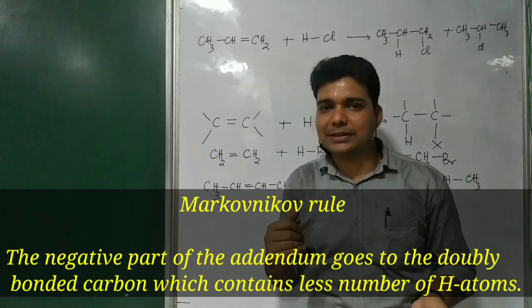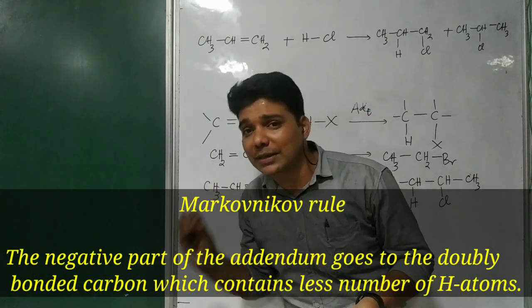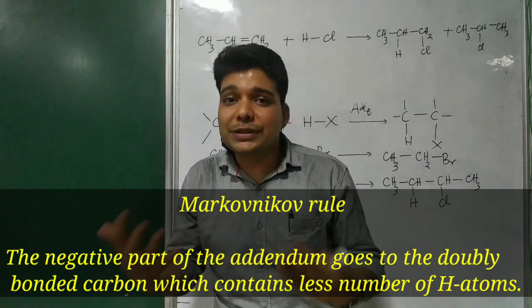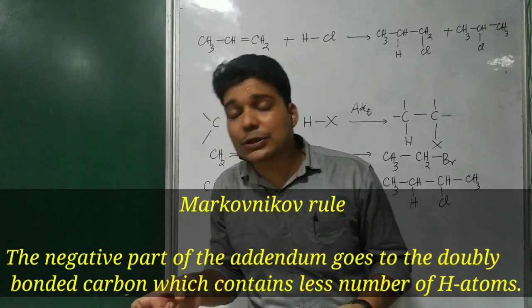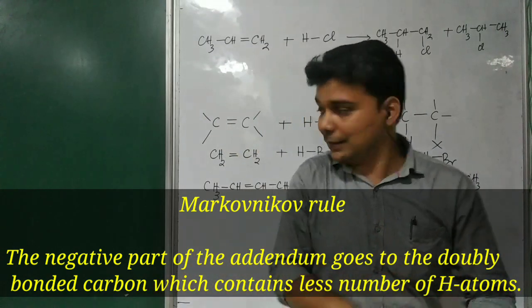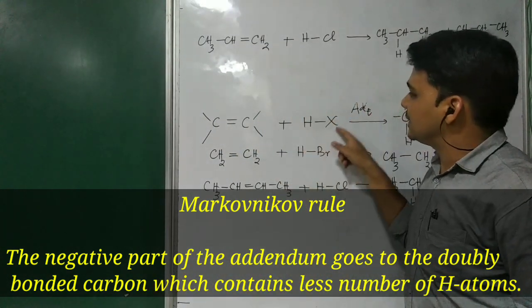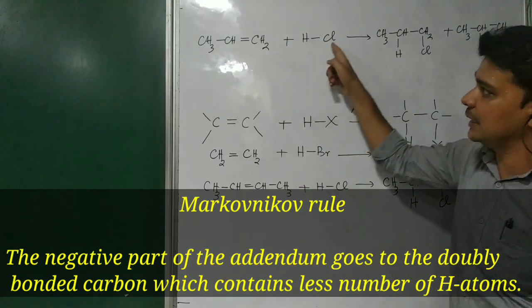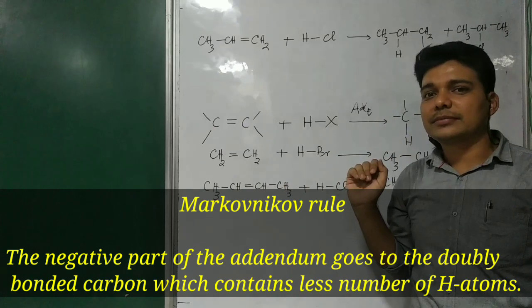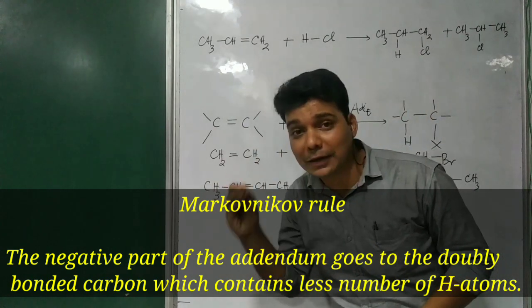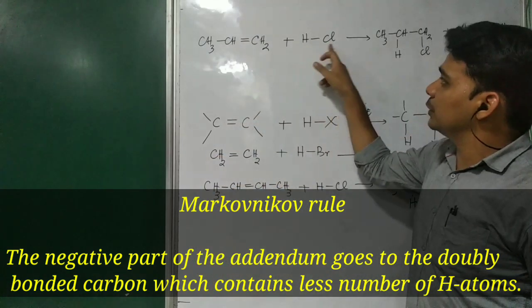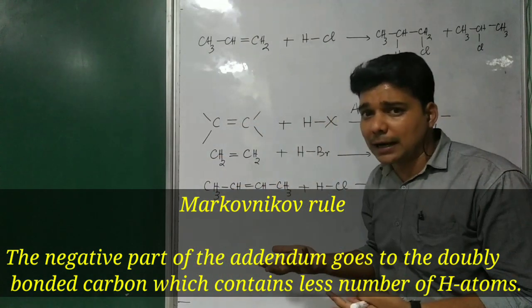Once again, I repeat. According to Markovnikov's rule, the negative part of the addendum, the species which is getting added. Here HX is the addendum, HBr is the addendum, HCl is the addendum. So according to Markovnikov's rule, the negative part of the addendum, if this would be the addendum, then which one is the negative part?